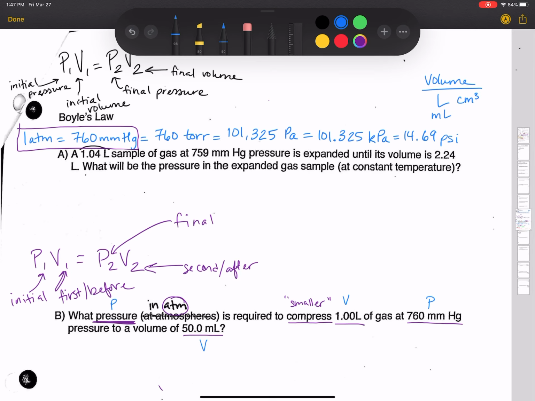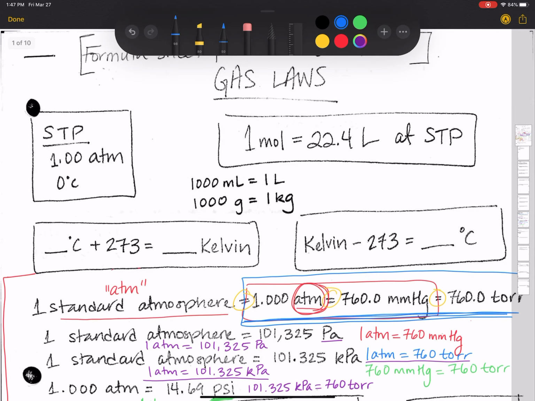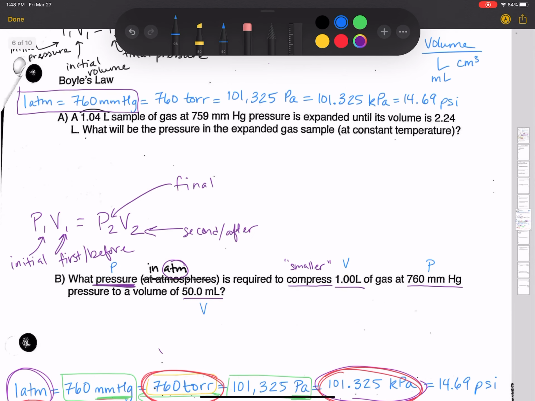On your formula sheet, there's the unit of 1,000 milliliters equals 1 liter. Those are going to be your two most common units of volume. So make a note for yourself on your formula sheet, just as I did, and write down that 1,000 milliliters equals 1 liter.